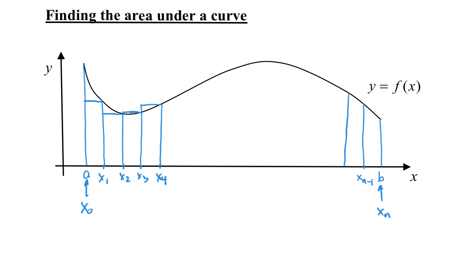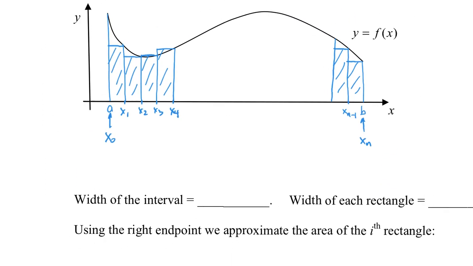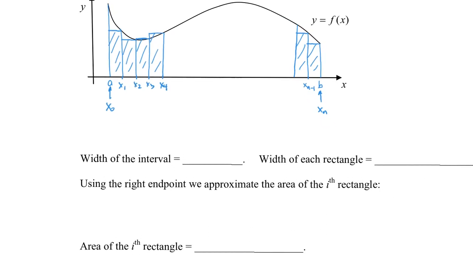So some will be overestimates, some will be underestimates. And over here, we are going to find the areas under these rectangles. And the general idea is the more rectangles we have, the better we'll be. But then there's more calculations also. So, all right, we've got this picture. So let's see what we've got.